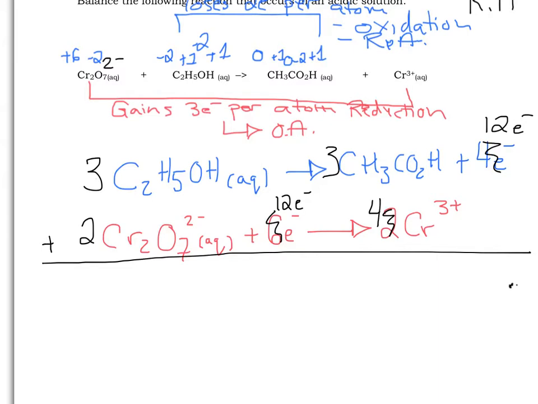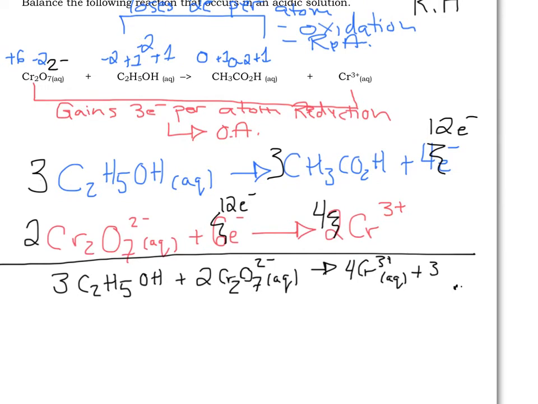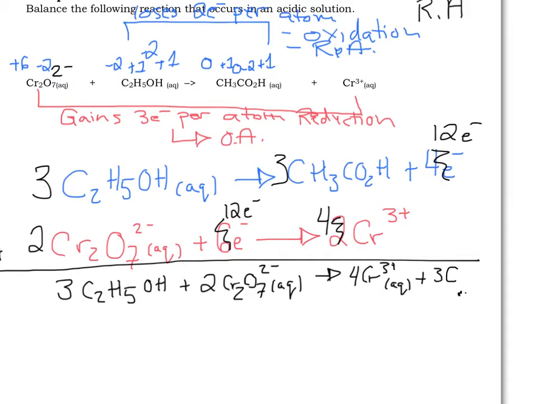So we'll have 3 ethanols reacting with 2 chromate ions or dichromate ions to produce 4 chromium ions and 3 of those.